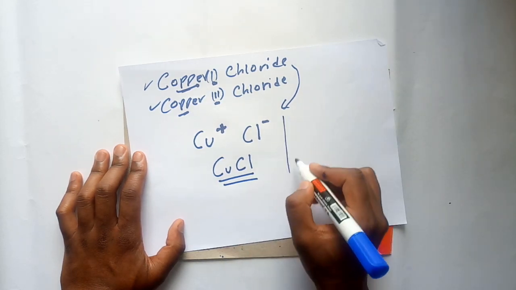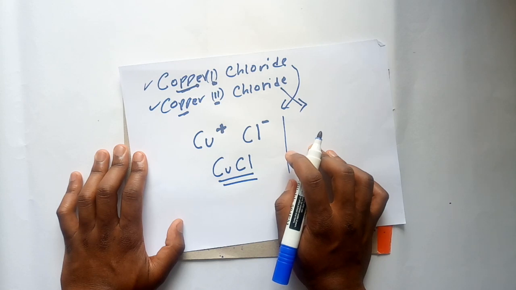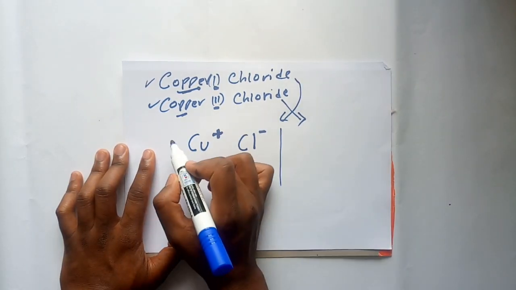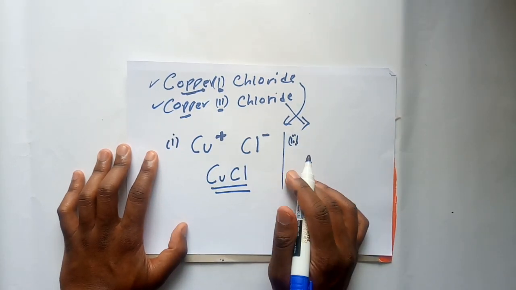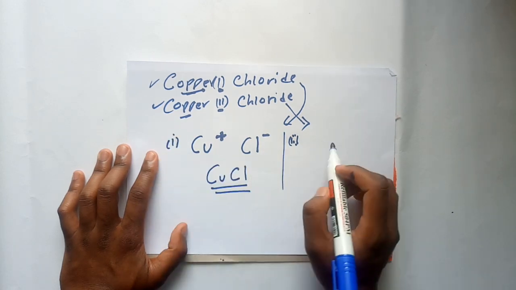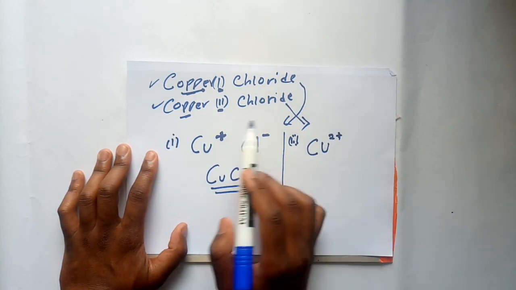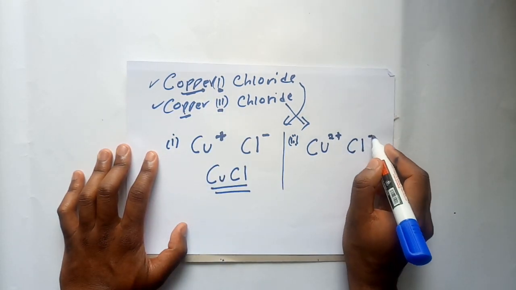What about copper 2 chloride? The valency of copper in this case is 2 plus, because it is copper 2, and then chloride is negative.